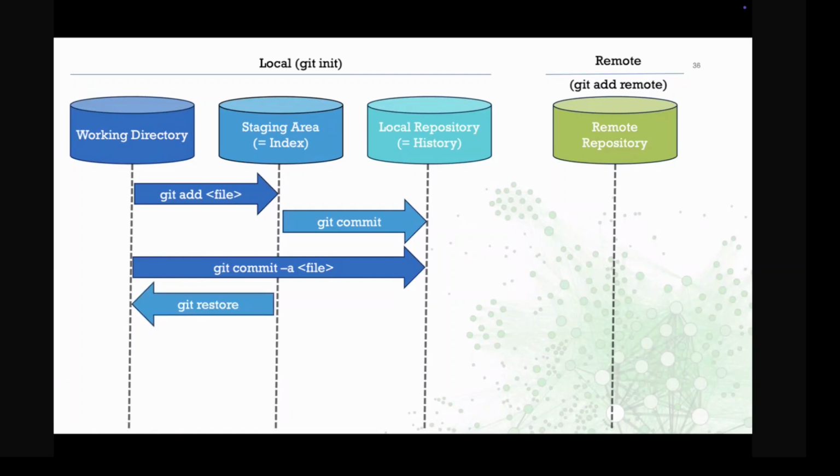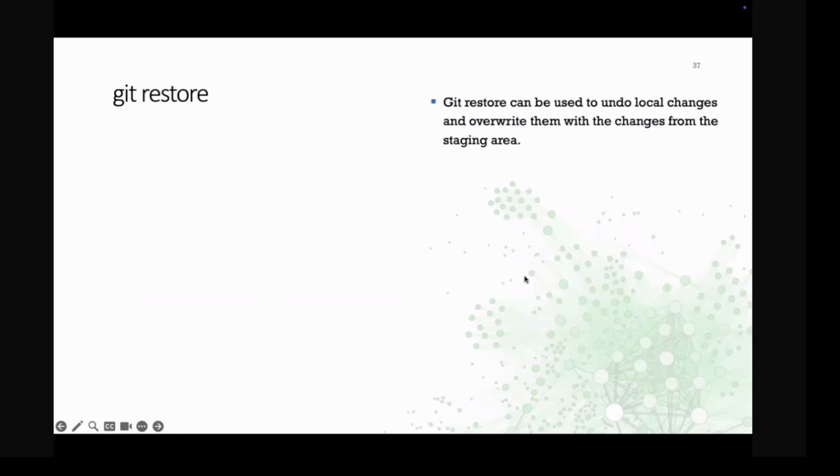So if you have something in the staging area and you want to restore it, that means that you unstage it. So for example, let's have it like this. With git restore, you can take something from the staging area and override local changes.